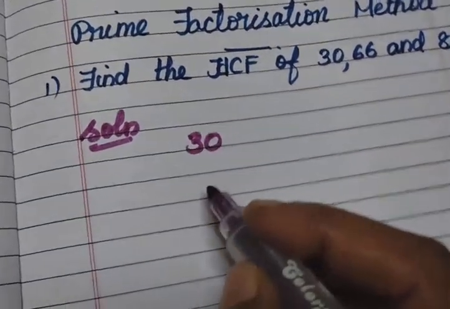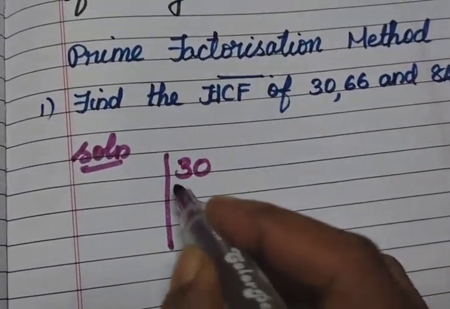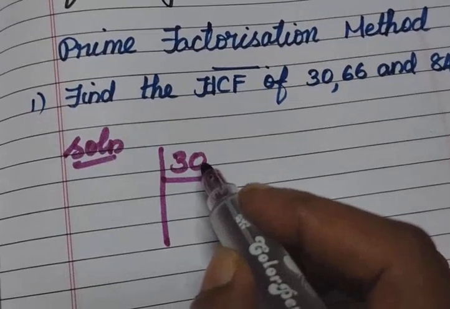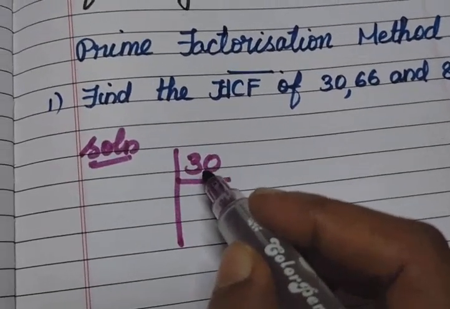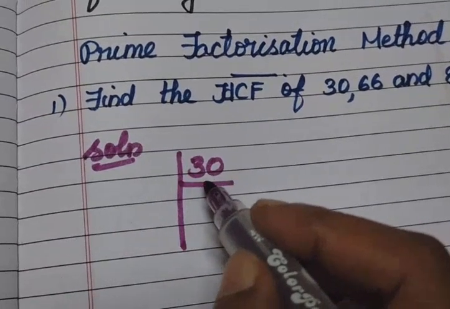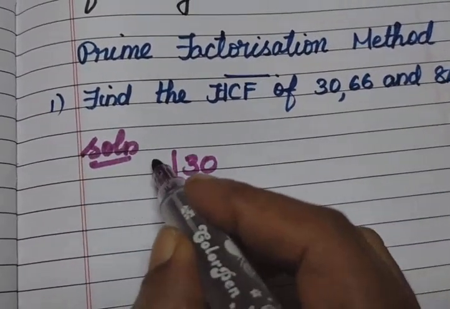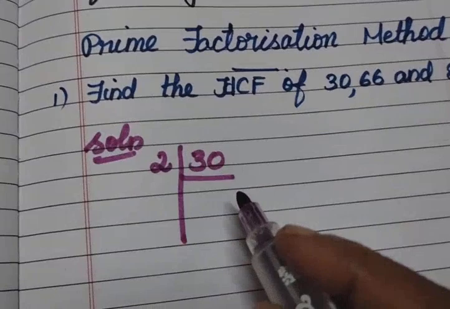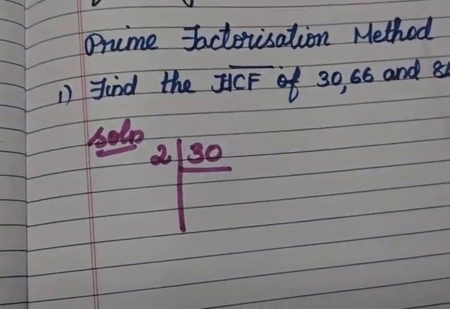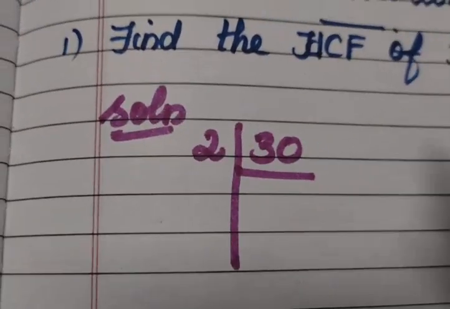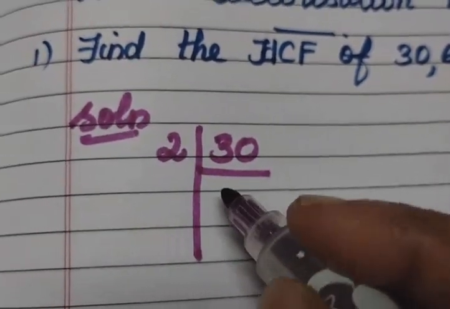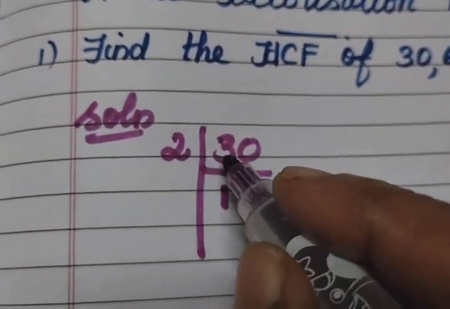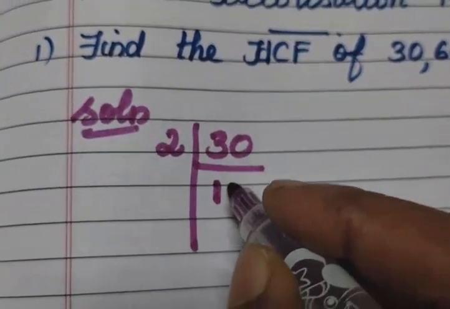30 using prime numbers. Here the ones digit is 0, so 30 is an even number and we can use the even prime number 2. 30 divided by 2: 1 2 is 2, remainder 1 10, 5 2s are 10.